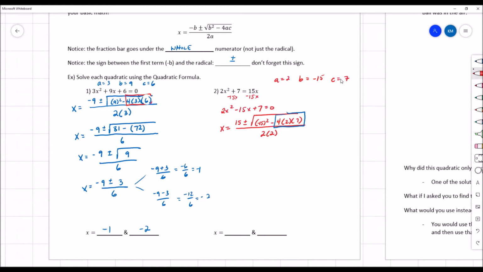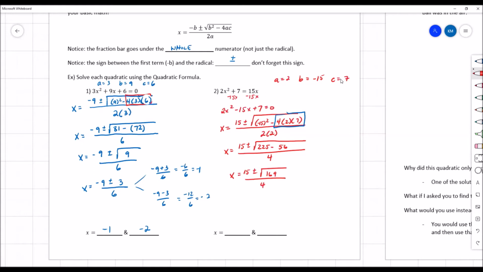Okay, so as I do that, x equals 15 plus or minus the square root of 225 minus 56 over 4. Okay, 225 minus 56 gives me 169. Square root of 169 over 4.